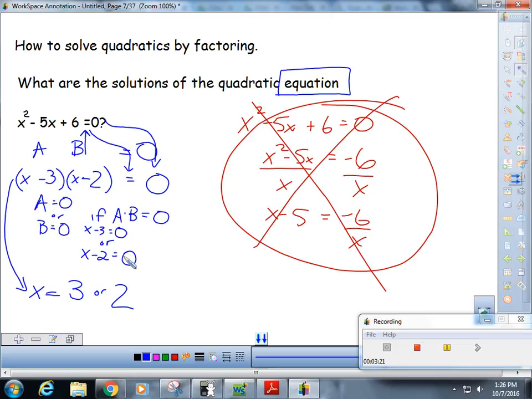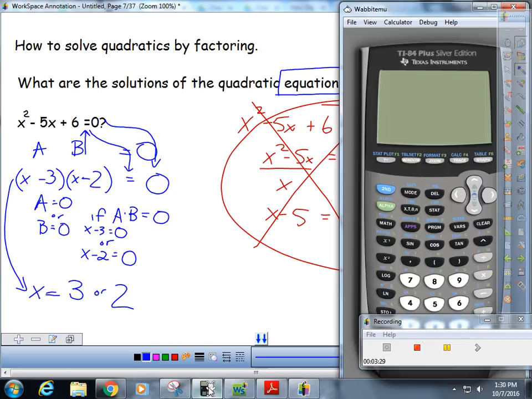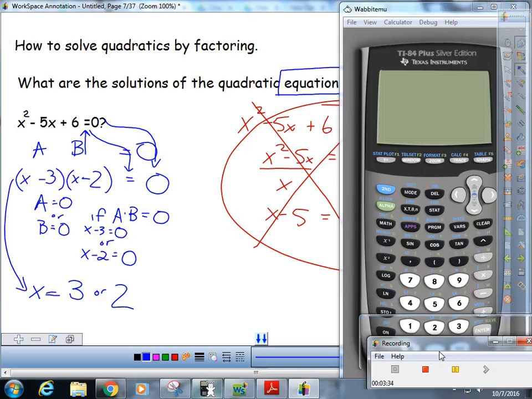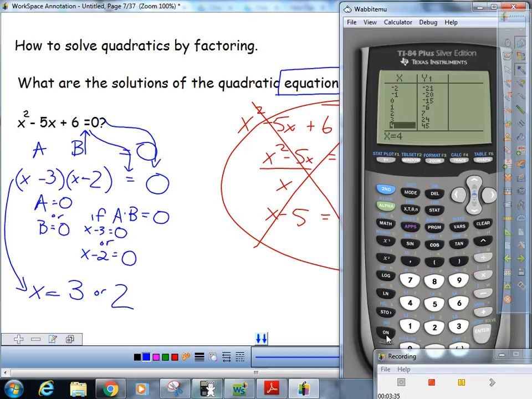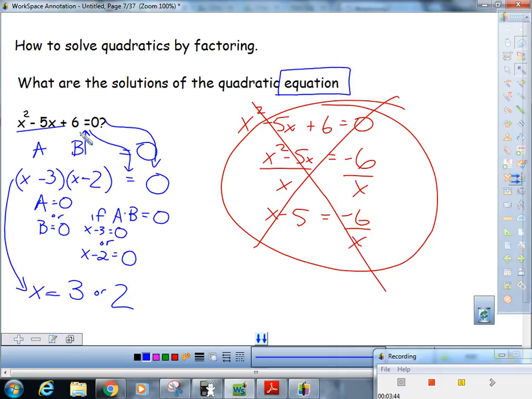Now let me make sure you understand what the heck we're doing, because you know that's important to me. Okay, let's graph this on y equals, clear. So look, we're going to say, instead of letting 0 equal this, we're going to let y equal that.